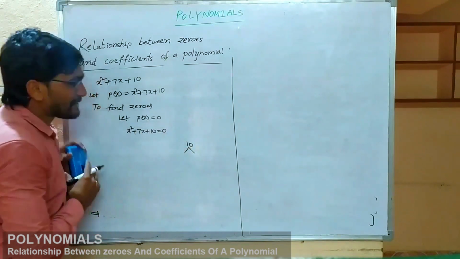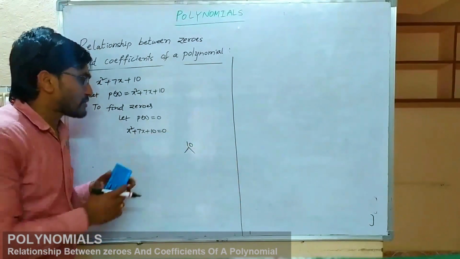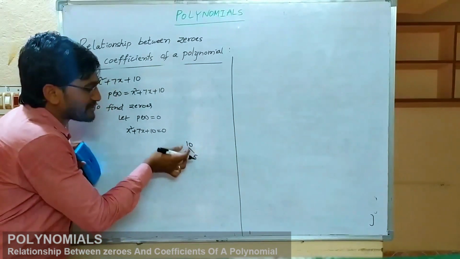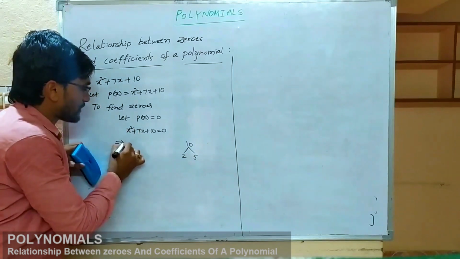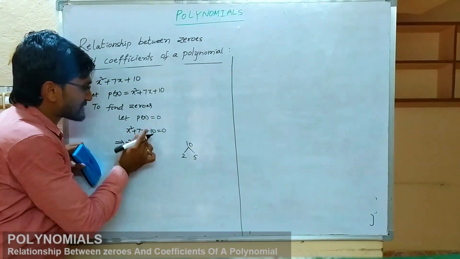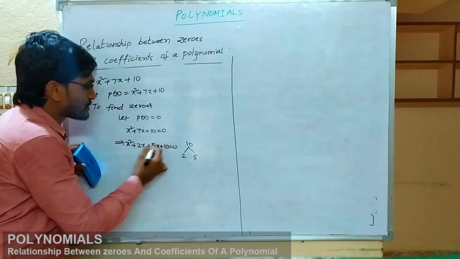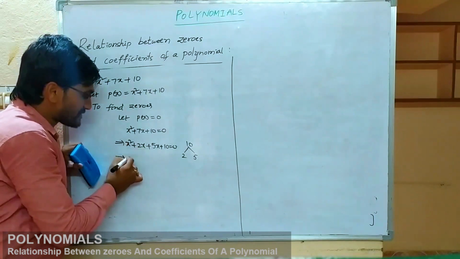Now we have to split 10 into 2 factors whose sum must be 7. 10 can be written as 2 into 5. 2 into 5 is 10, and 2 plus 5 is 7. So x square plus 7x can be split as x square plus 2x plus 5x plus 10 equal to 0. In these two terms, the common value is x.